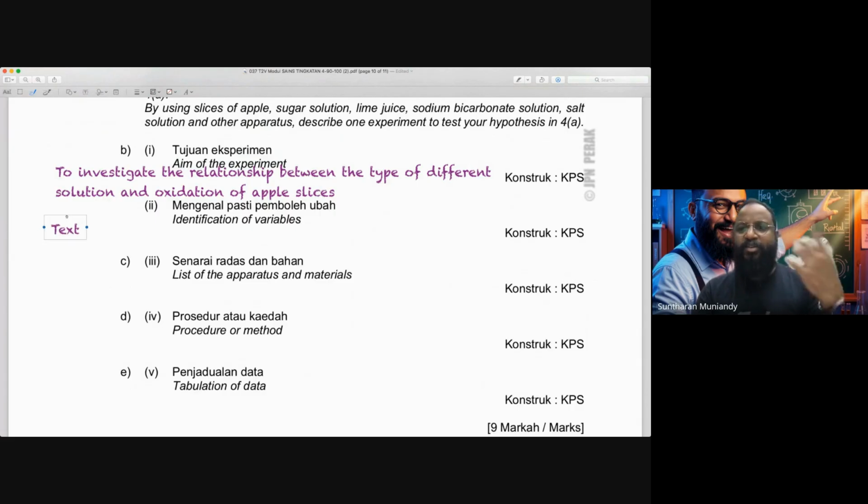So I write down the manipulated variable. Pemboleh ubah dimanipulasi. Manipulated variable: jenis larutan, type of solution.